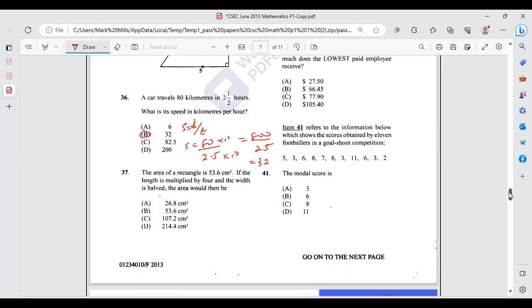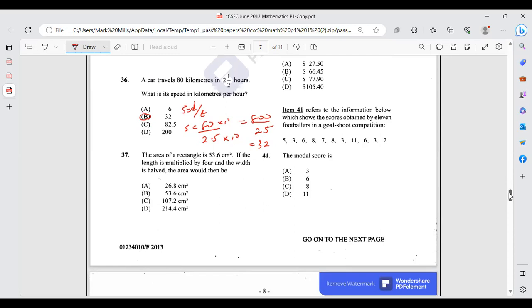Number 37. The area of a rectangle is 53.6 centimeters square. If the length is multiplied by 4 and the width multiplied by half, then the area will be, how will I do this?